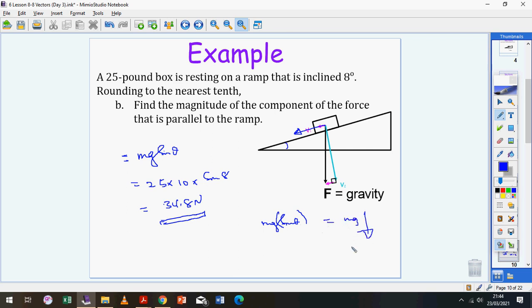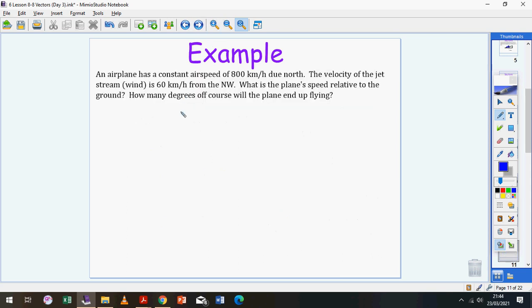Okay, so now let's start using some of these ideas to solve airplane problems. An airplane has a constant airspeed of 800 kilometers per hour due north. Airspeed means that a bird in the air sees the airplane moving 800 kilometers per hour, right? That's its airspeed.